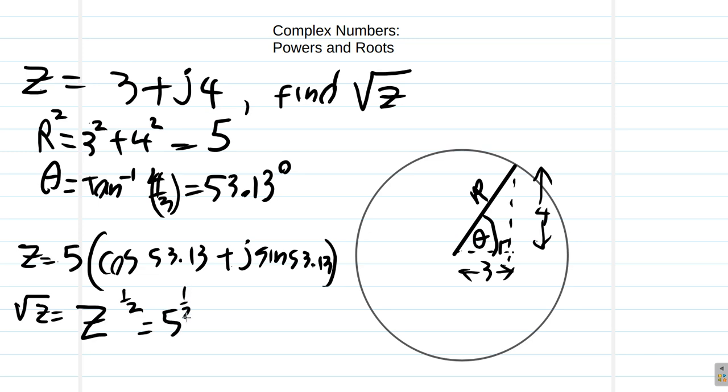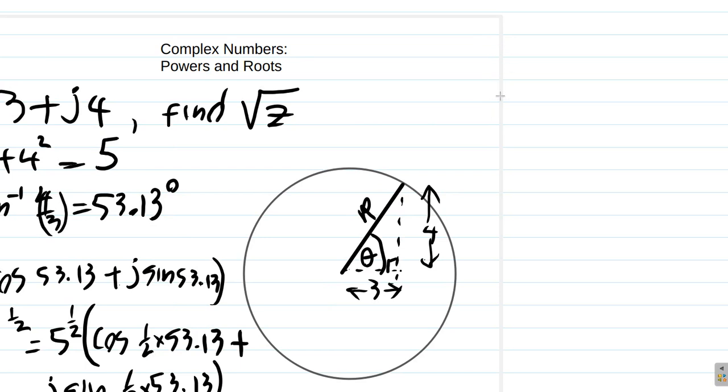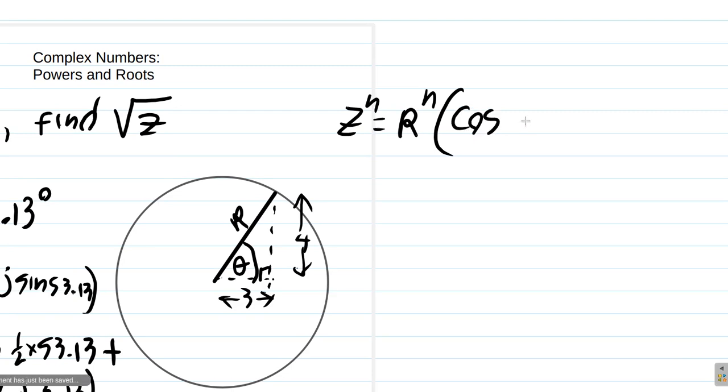So it's going to be 5 to the half, bracket, cos half of 53.13 plus j sine half of 53.13. That's following the formula for De Moivre's theorem, which says z to the power of n is equal to r to the n, cos n theta plus j sine n theta.